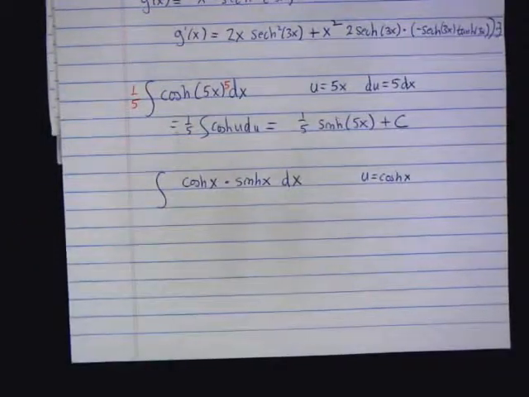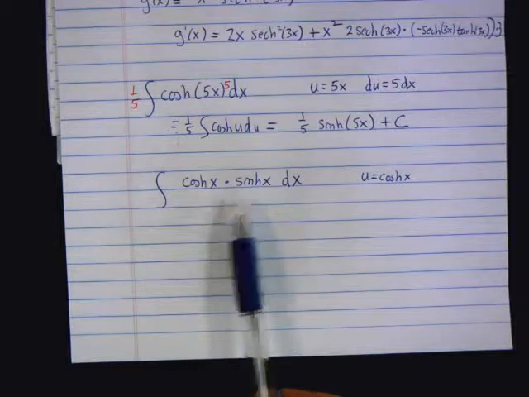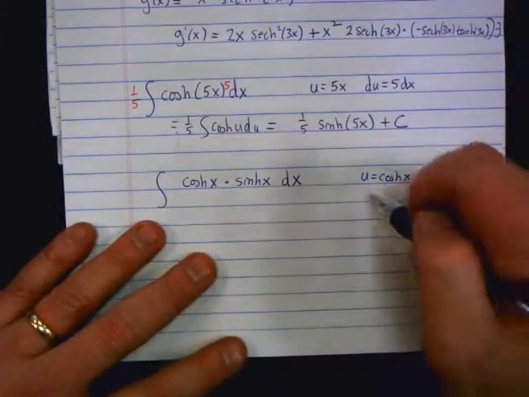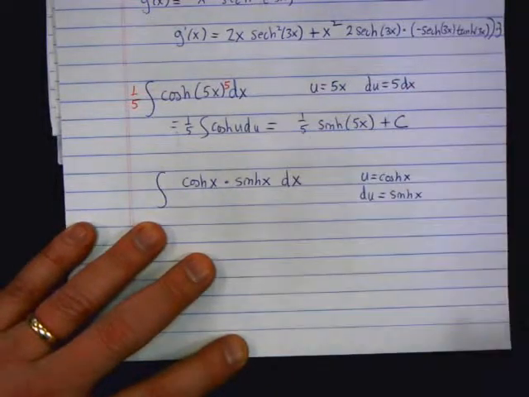What told you in this problem you need to use u substitution? We don't have a product rule. We can't integrate multiplication. That's exactly right. So as soon as you see that multiplication there, this is a u sub problem. So you chose to let u be hyperbolic cosine, which is just great, because the derivative of hyperbolic cosine is hyperbolic sine.